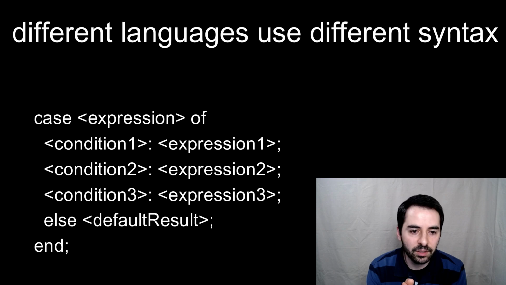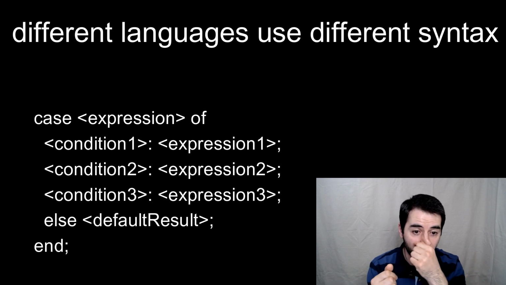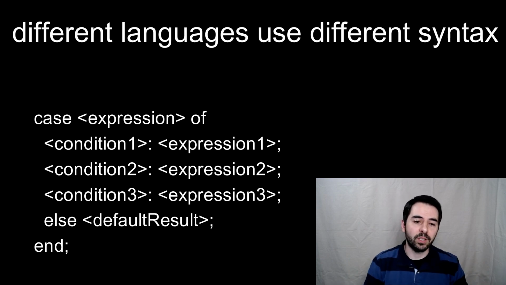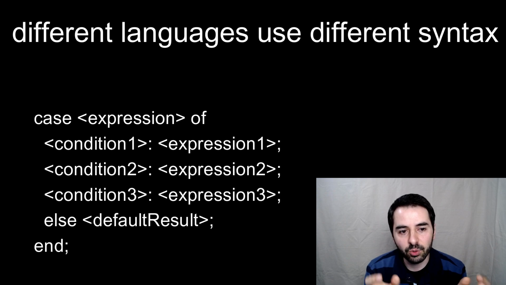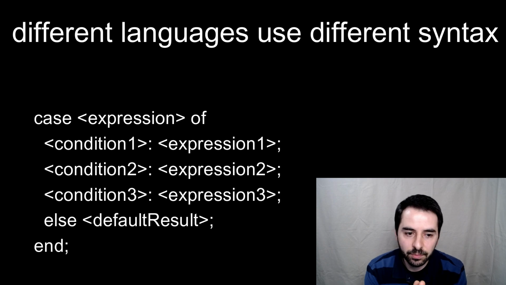So we say when condition 1 applies to this expression, then the result of this statement is value 1. And then when condition 2, value 2, and then else is similar to the default. So when none of the values matches the expression value, it falls back to the default case, or in this case else.